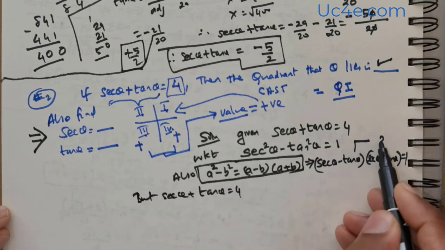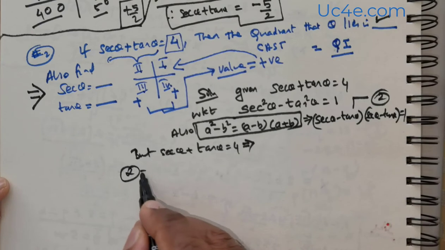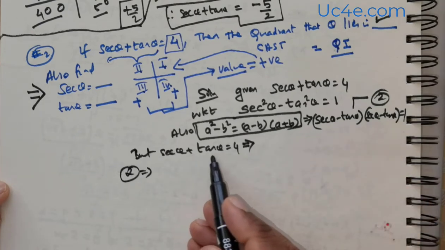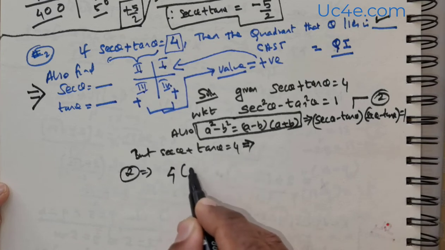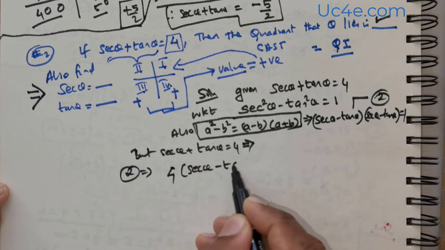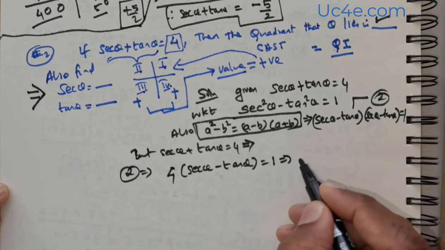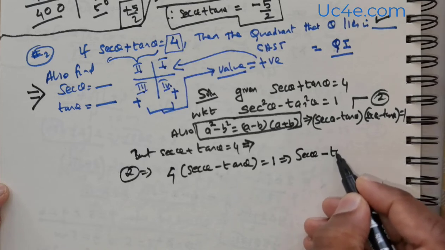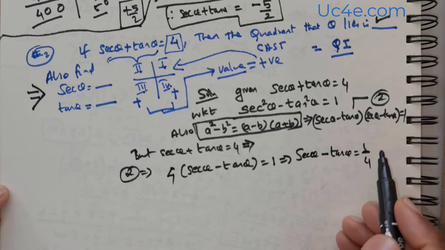So if I were to take this as 2, I can rewrite it as, in place of secant theta positive tan theta, I'm going to substitute 4. So it's going to be 4 times secant theta negative tan theta is equal to 1. This implies secant theta negative tan theta is equal to 1 over 4.